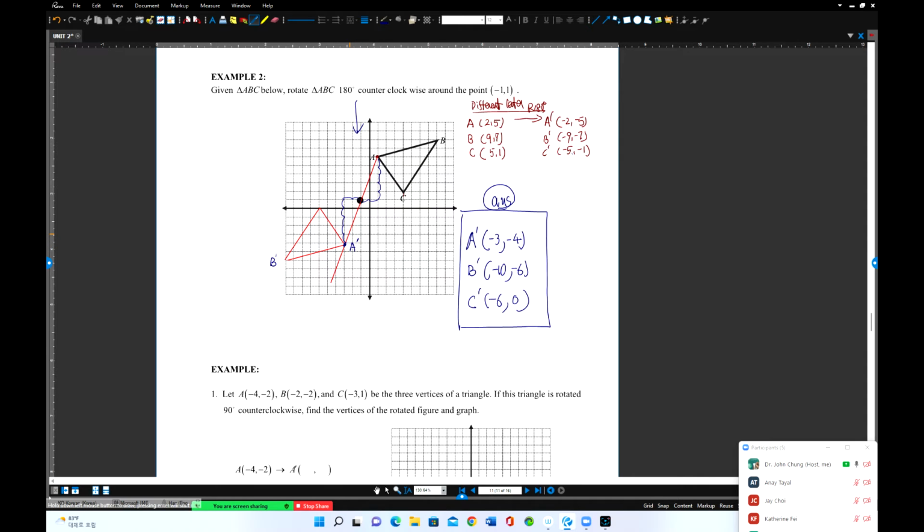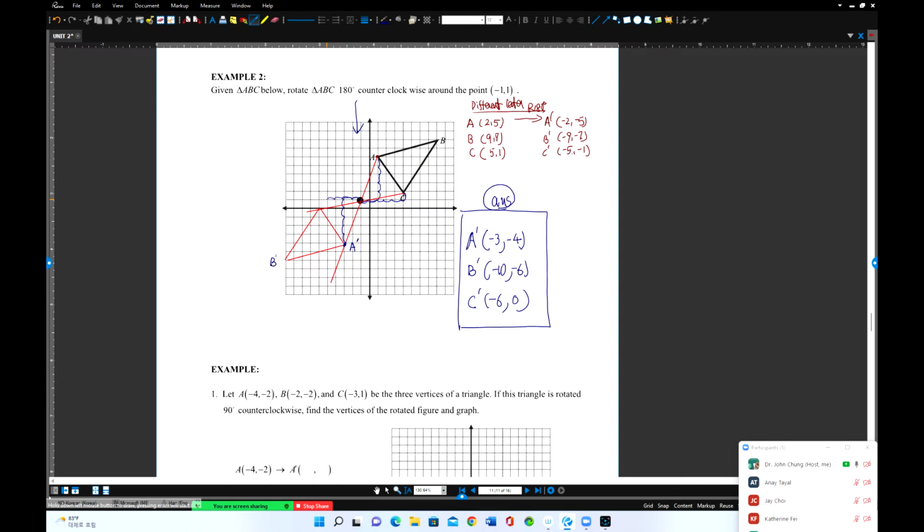Only use this if they're asking you to graph. C is on the opposite side when you make the line again. Where is the opposite? Same distance. How can you find the same distance? You can go this way: 1, 2, 3, 4, 5 left and 5 down.